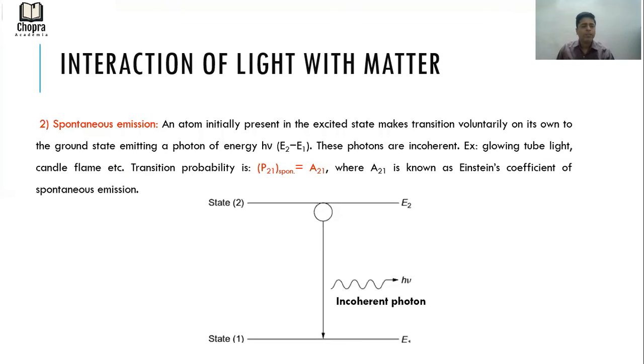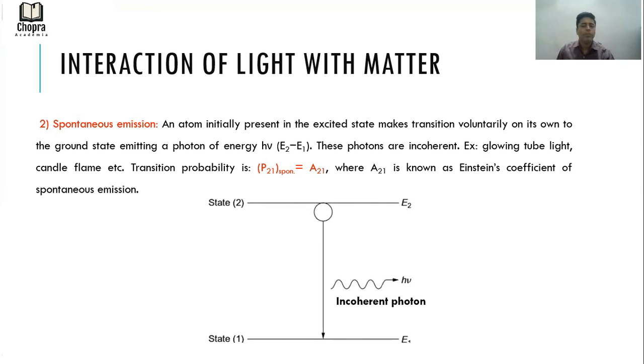An atom initially present in the excited state makes a transition voluntarily on its own to the ground state, emitting a photon of energy h nu, E2 minus E1. It falls down to the ground state, releasing a photon which is an incoherent photon and which can be in any direction possible.